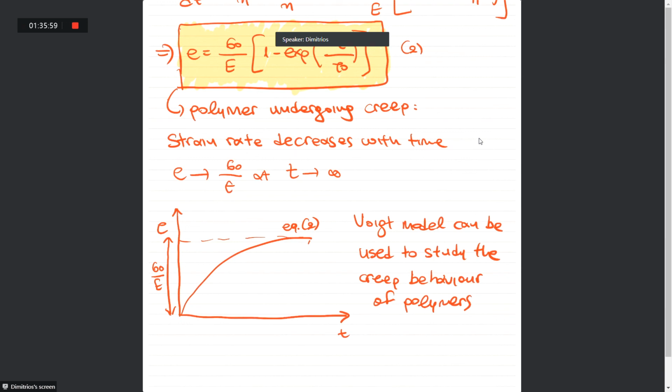The Voigt model is able to study the creep behavior of polymers. Okay, and let's have a look at what's happening with stress relaxation.